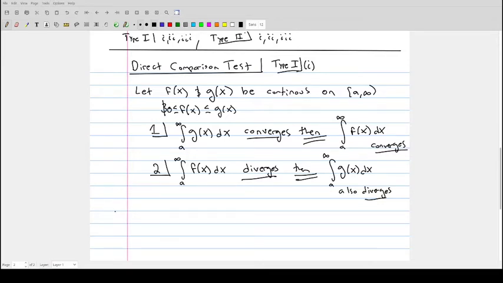The idea of proving this, I'm just going to go through the proof for part 1 here, but this is really all we need to understand.